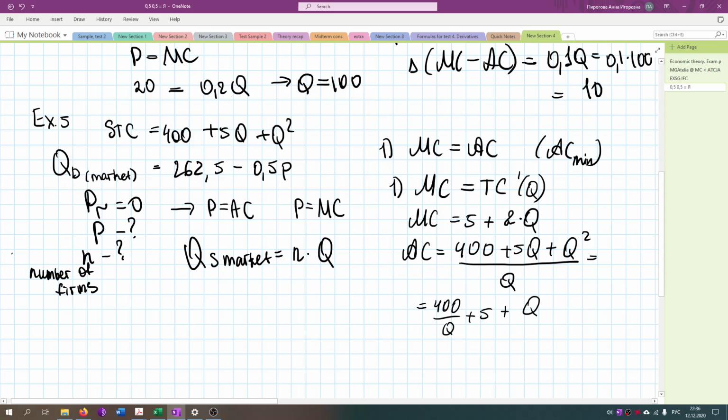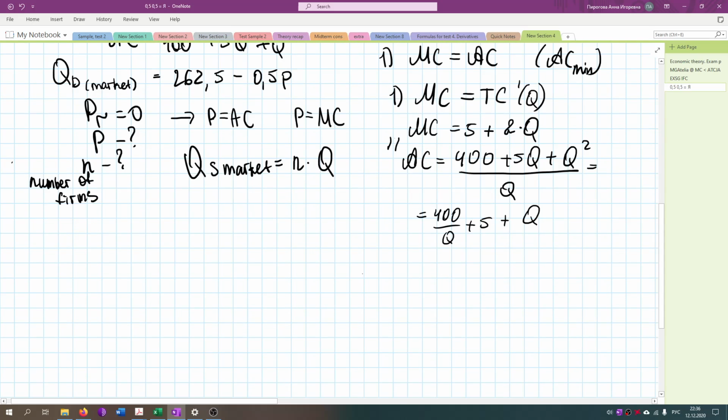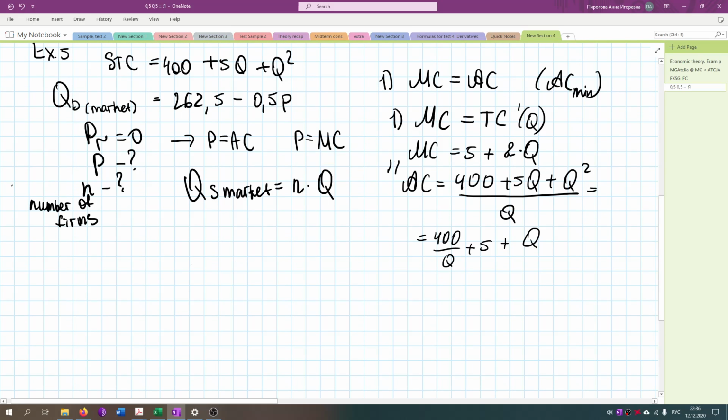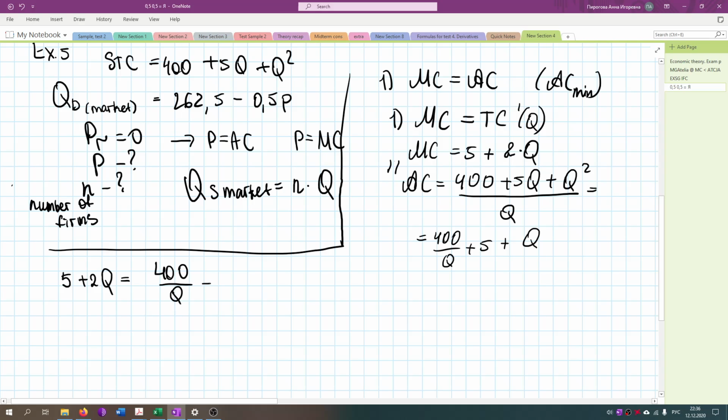And we need to equalize these equations. So 5 plus 2q is equal to 400 divided by q plus 5 plus q.